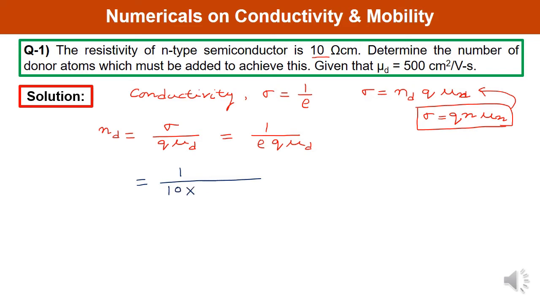Charge on the electron you know, which is 1.6 into 10 raised to the power minus 19. And the value of mu D is 500. Just simplify it and you will get its value as 1.25 into 10 raised to the power 15 per centimeter cube. So this is how you have to calculate this value. This is the answer.